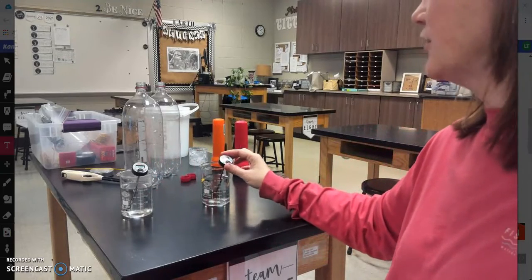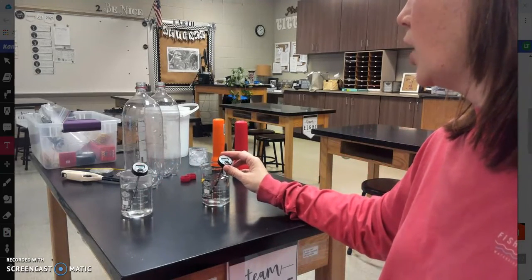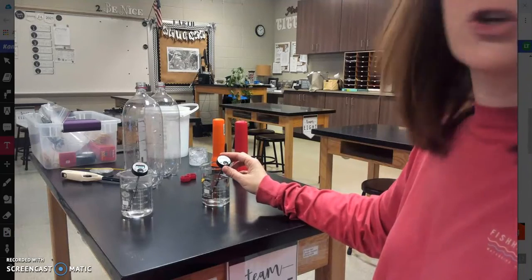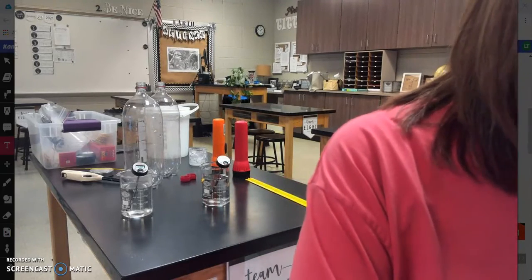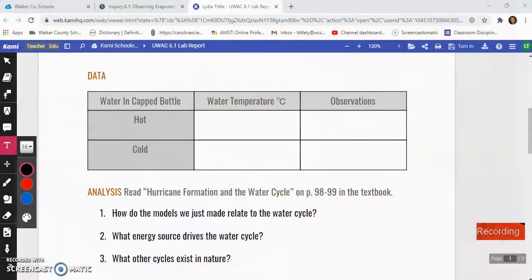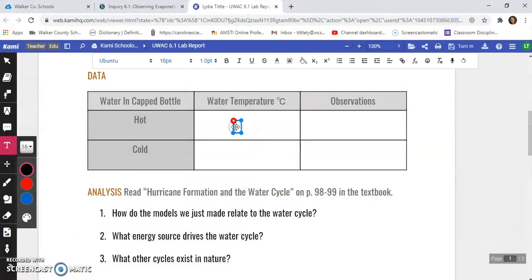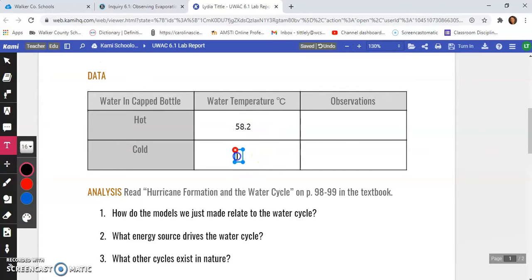And if I look at the thermometer of cold water, the temperature is 17.6. So let's go back to our data for just a moment and put that on our data table. Our hot water was 58.2, and our cold water was 17.6.